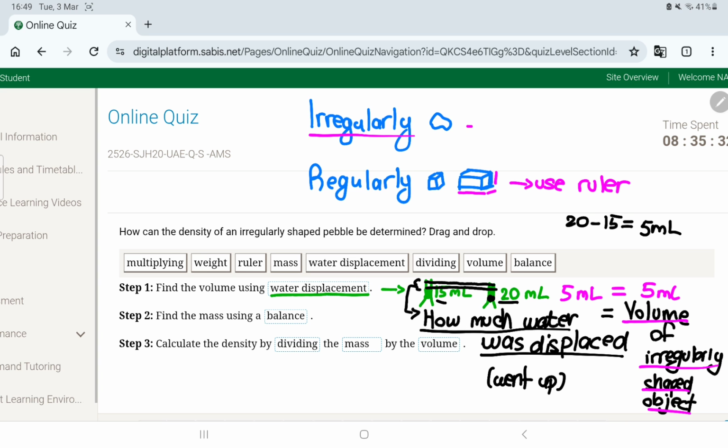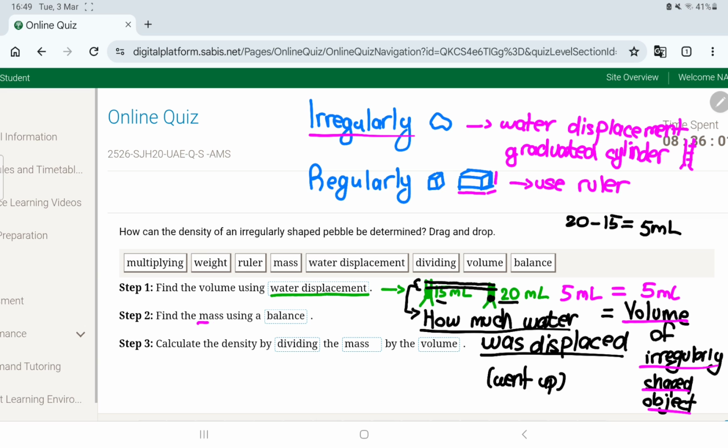You use water displacement, or in other words, just use a graduated cylinder, which looks like this, and there are labeled numbers here.